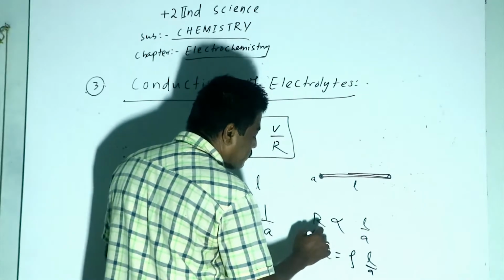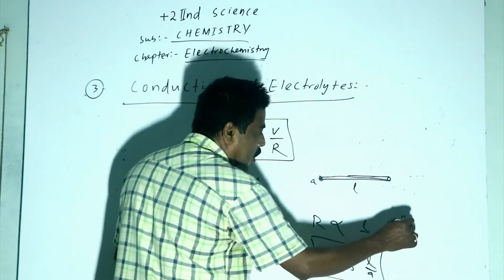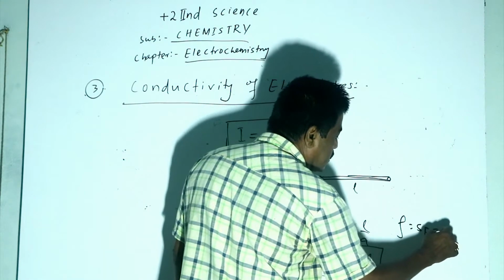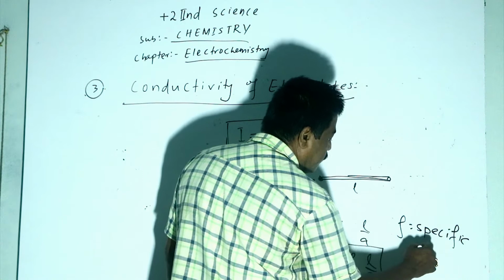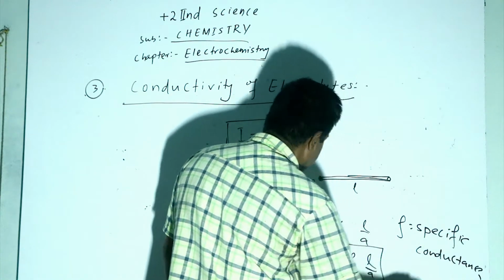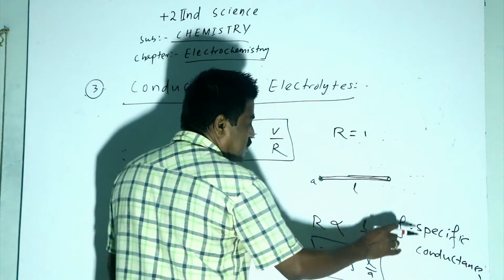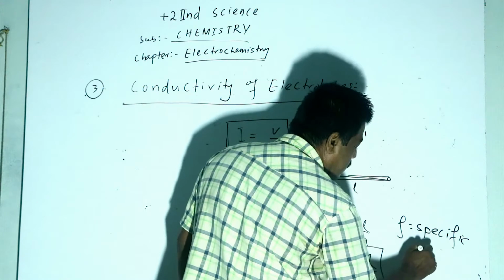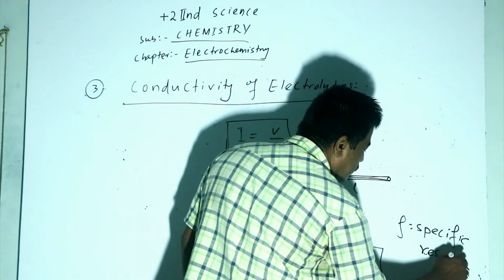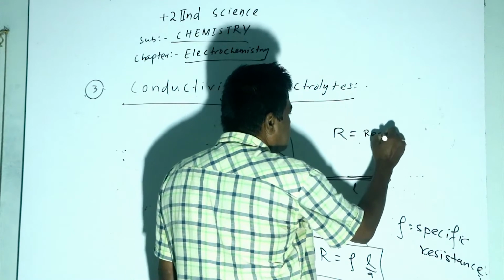These are some terms to be understood. Here rho is called specific resistance, and R is called resistance.